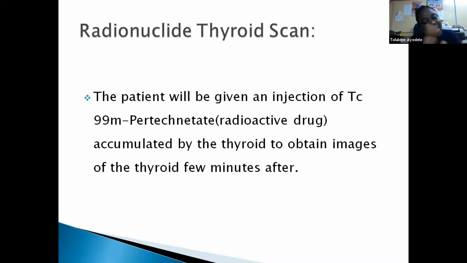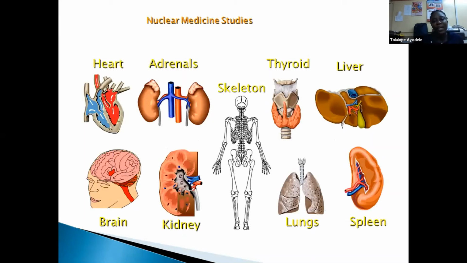Technetium-99m pertechnetate too could be used for the thyroid scan. Once it has accumulated in the thyroid, we could obtain images of the thyroid a few minutes later.